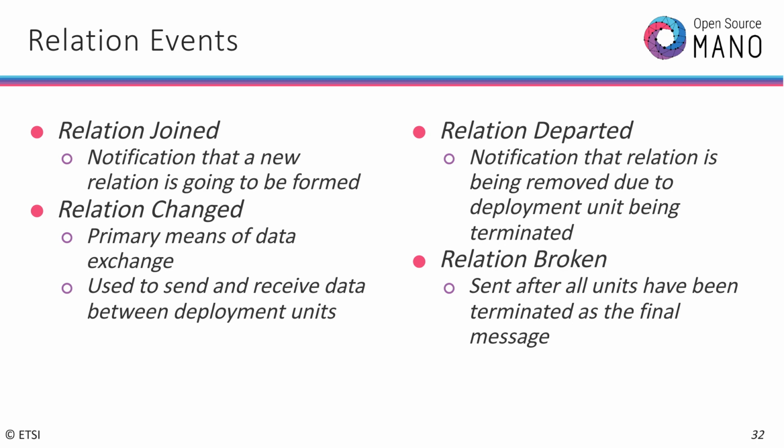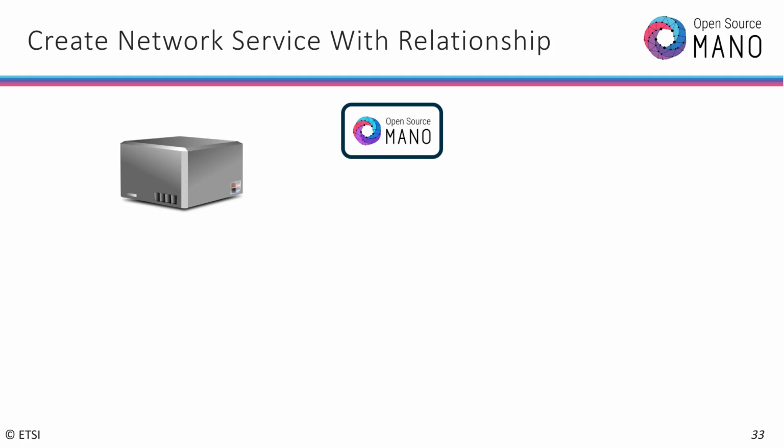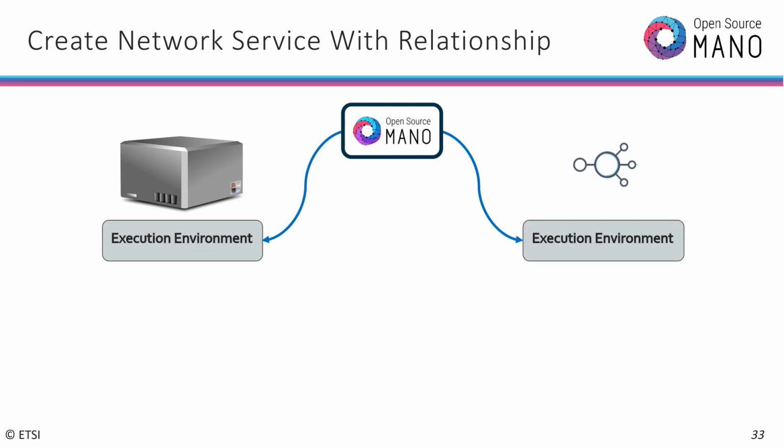Now, of course, we have to ask, well, how is it that I'm able to receive an event if the service is already being deleted? So what happens with Open Source MANO is, we're deploying the network service. So the firewall already exists, and we've deployed the load balancer on, say, OpenStack or the virtual infrastructure manager. This is sort of part of the power of OSM.